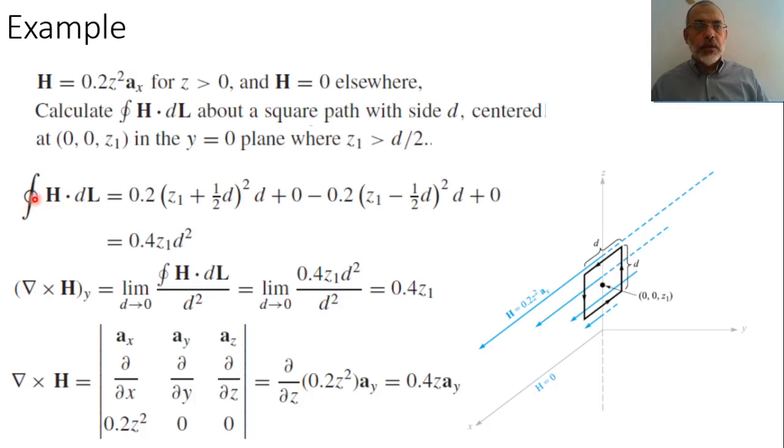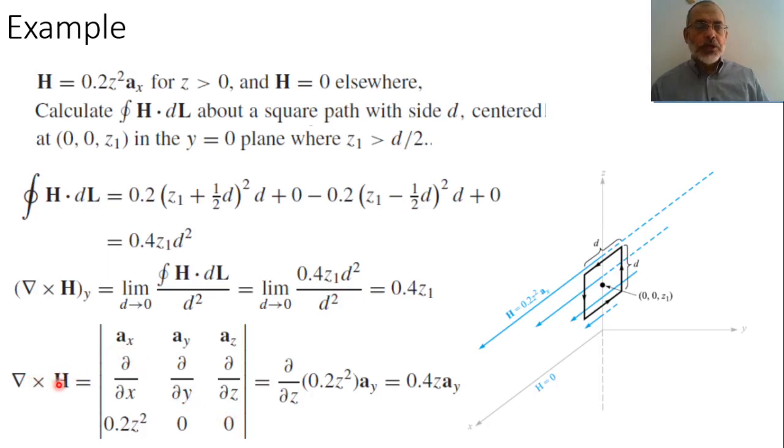By using the differential form, we say that curl H would equal J, and curl H in this case, we have H in the x component only, so it is 0.2 z squared in the x component only, and we don't have y or z component, so 0, 0 in y and z.